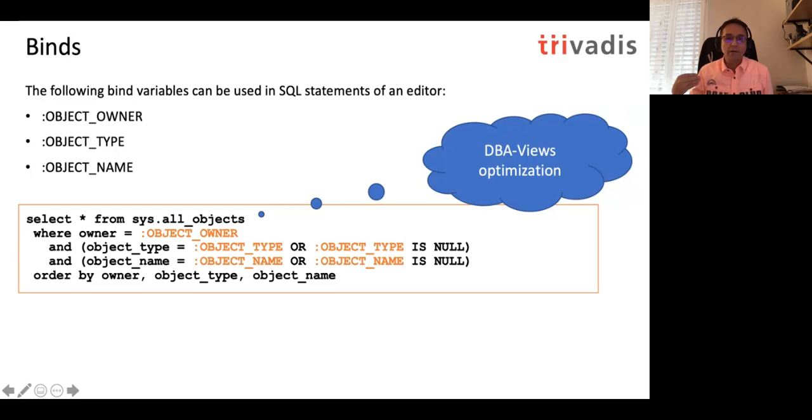They are slow because they have to filter out the objects you are entitled to see, and this filtering costs a bit of time. So if you have DBA rights, or the rights to the DBA_OBJECTS view or whatever the view is, then SQL Developer will rewrite that statement and will access the DBA one instead of the old one. It makes things a bit faster.